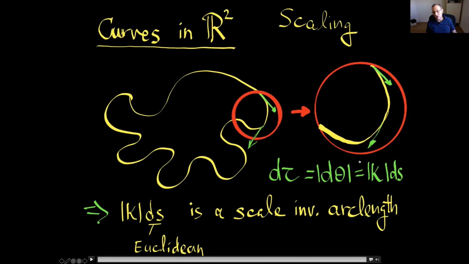And the angular change of the velocity vector is nothing but the absolute value of the curvature times the Euclidean arc length. Okay, so we have defined a new arc length, which is scale invariant. And this arc length is basically a way of capturing the curvature in an interesting way.